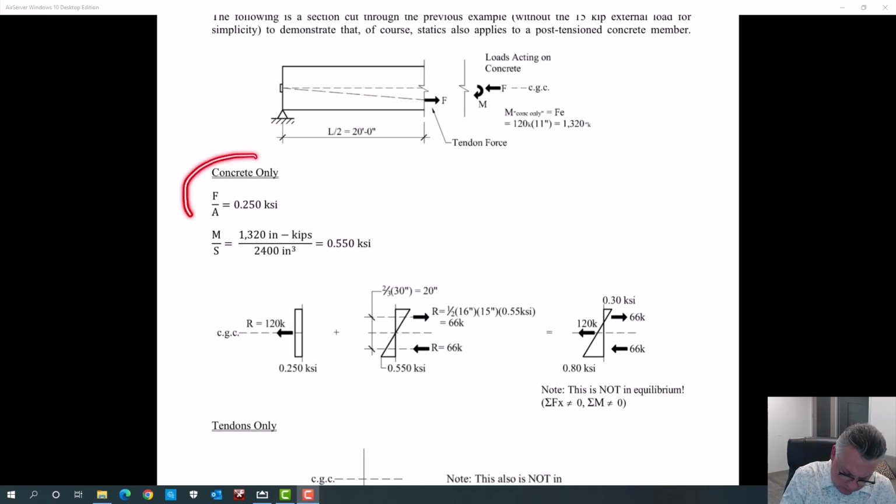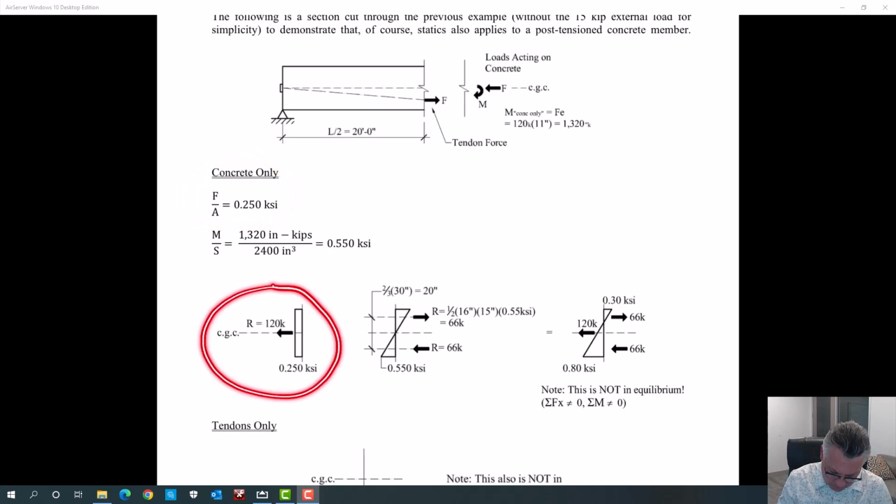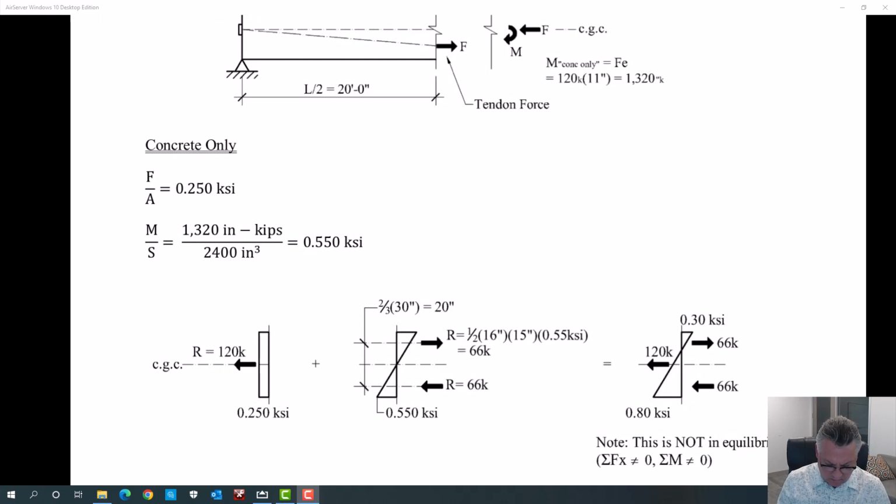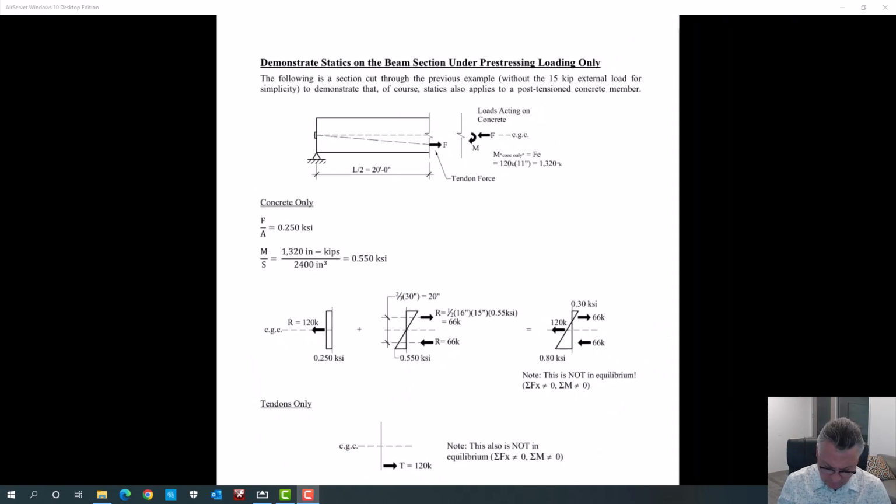On the concrete, we have F over A, 250 PSI, and at 20 feet from the left, we had M over S, a moment of 0.55 KSI. Now that was F times e.